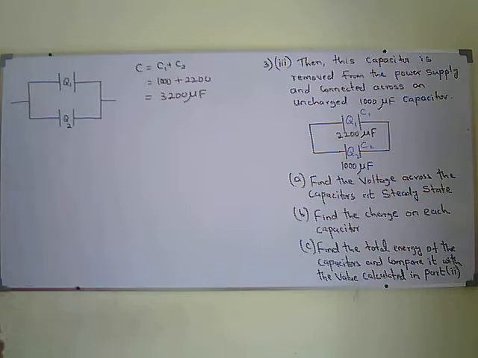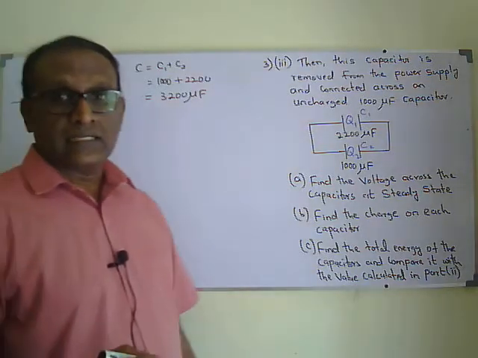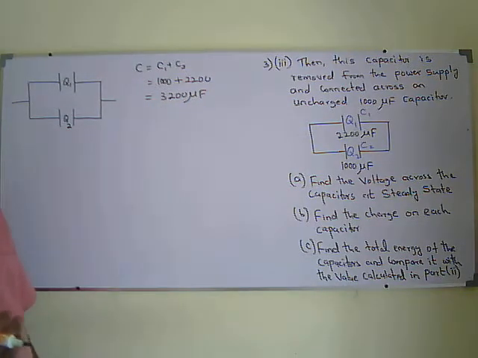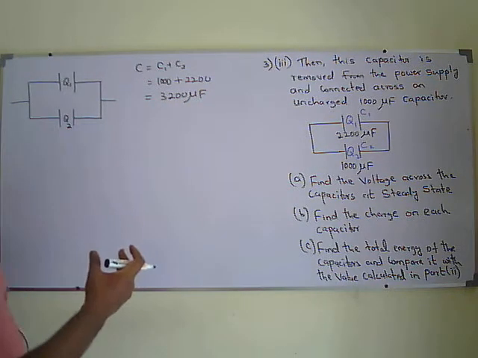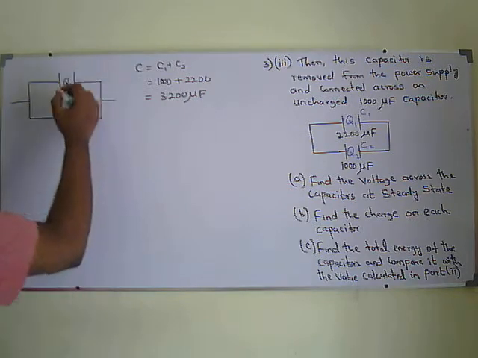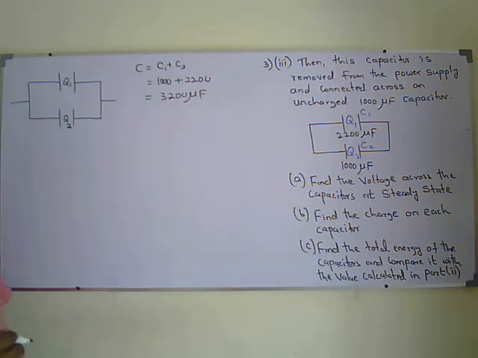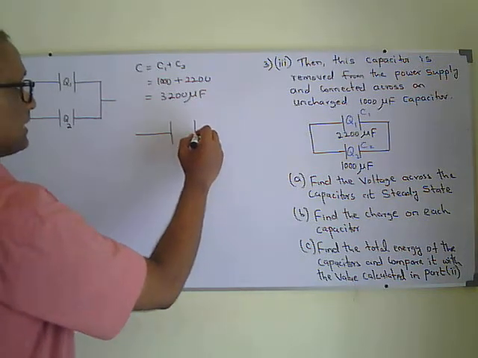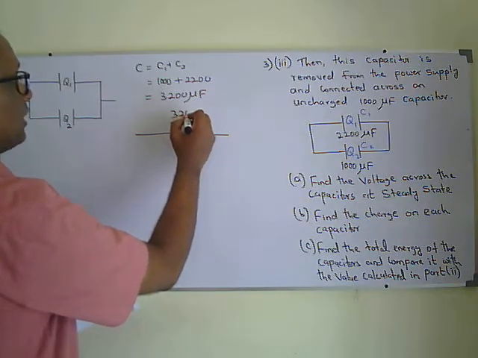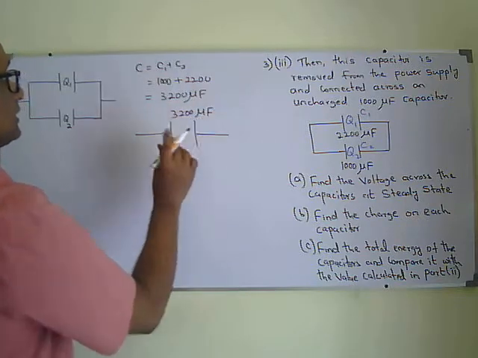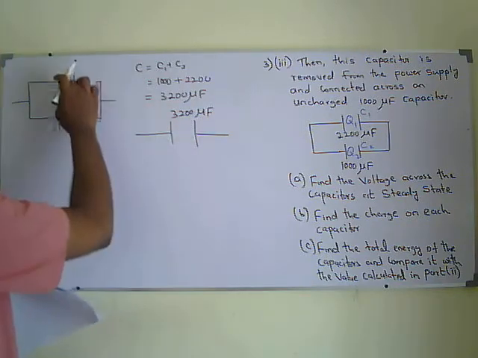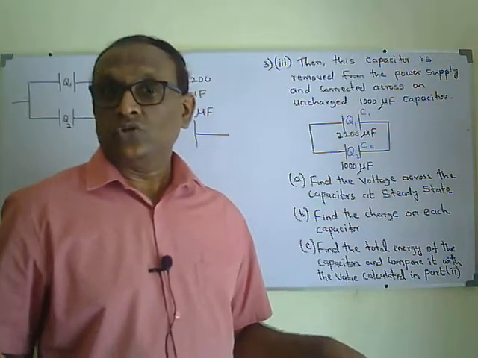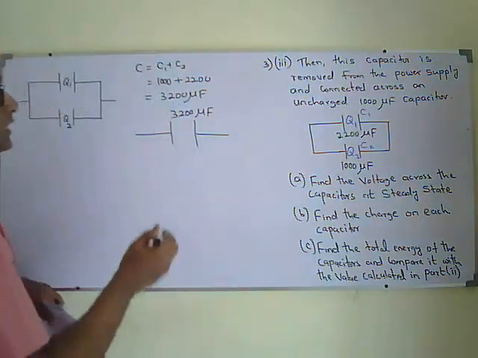And we know that when capacitors are connected in parallel, the charge stored in the equivalent capacitor will be equal to the sum of the charges stored in the parallel connection. So if the parallel equivalent capacitance is 3200 microfarad, the charge it holds is Q1 plus Q2, and we know that Q1 plus Q2 is equal to Q. Charge cannot be created or destroyed.